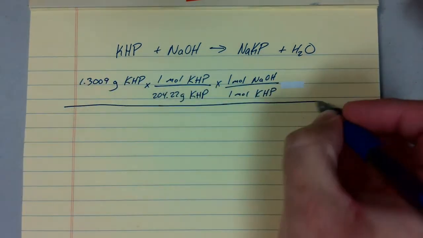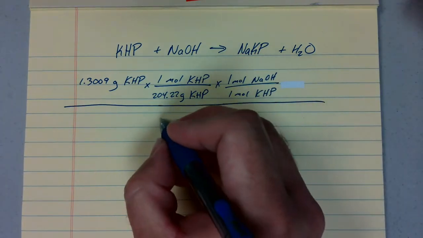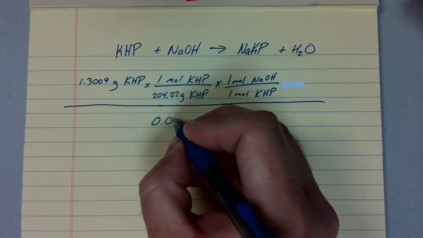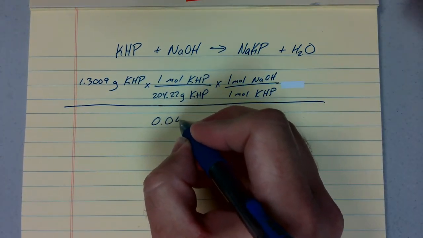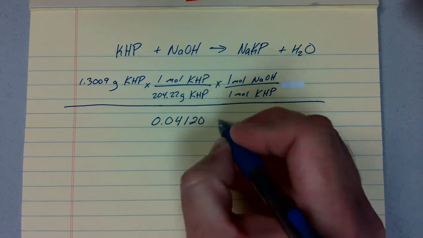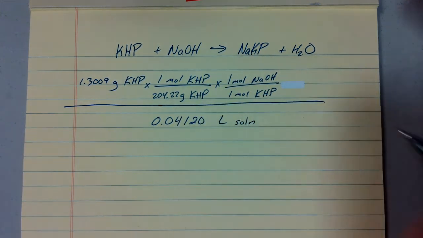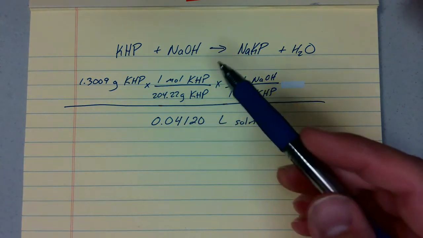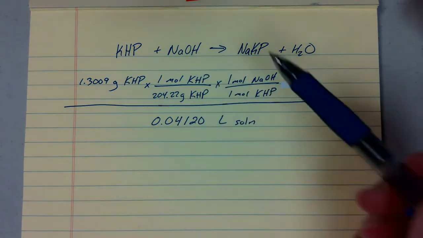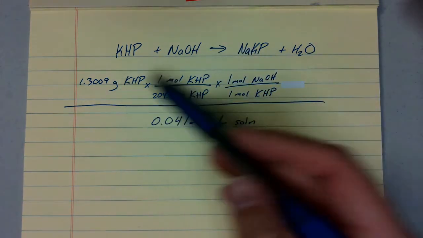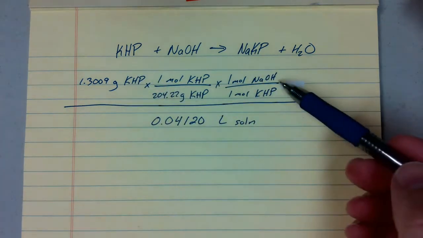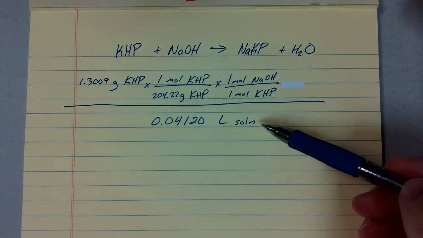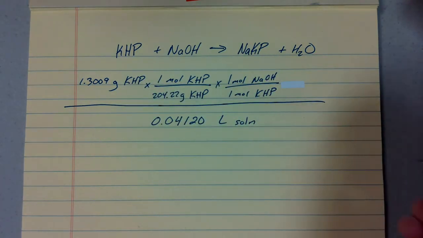I'm just going to divide all of this by the volume of sodium hydroxide that we used, which was 0.04120 liters of solution, because 41.20 milliliters was the difference between the initial burette reading of sodium hydroxide and the final burette reading. So the number of moles of sodium hydroxide divided by the volume of the solution gives the concentration, which is what we're looking for.